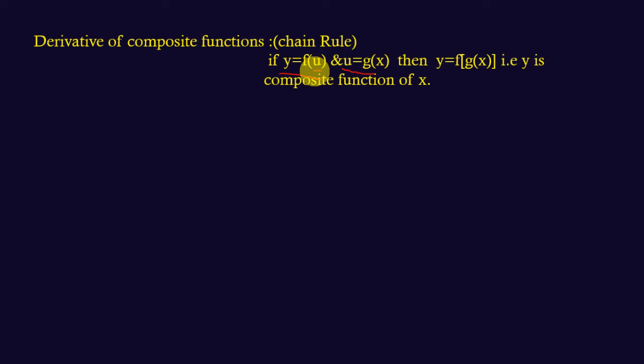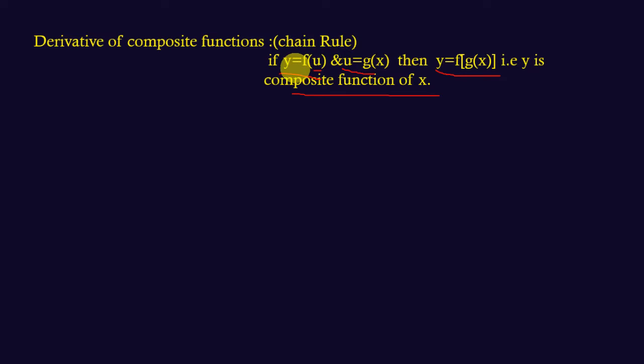When we substitute g of x in the function f of u, finally we get y is equal to f of g of x, means this y is expressed in terms of x, means y is a composite function of x.